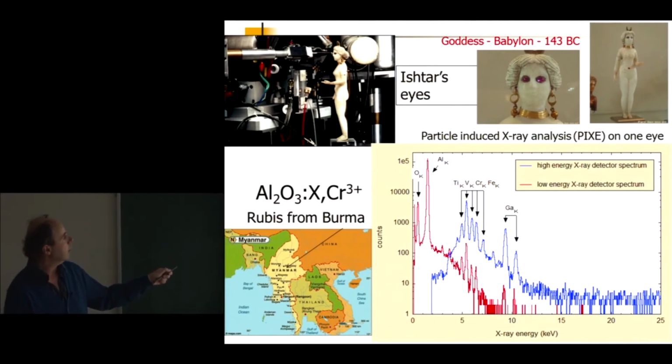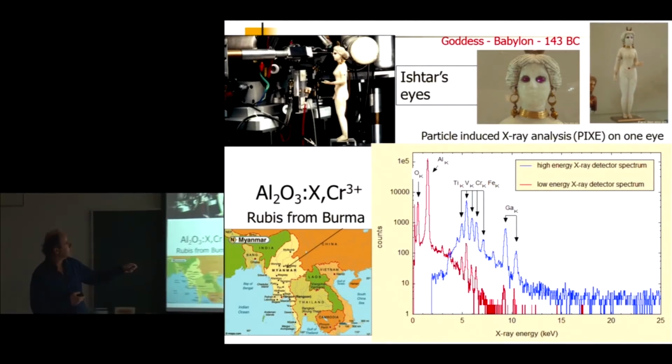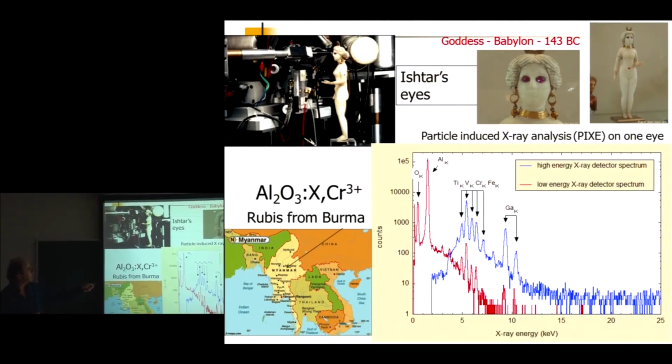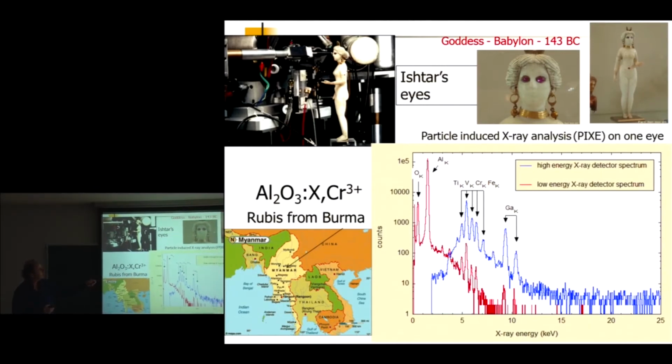For instance, it can be used, if you look at this statue, they wanted to check the origin of the eyes. The eyes of this very old Babylon goddess, from 143 years before Christ. The formula of the eyes is chromium, it's a ruby.